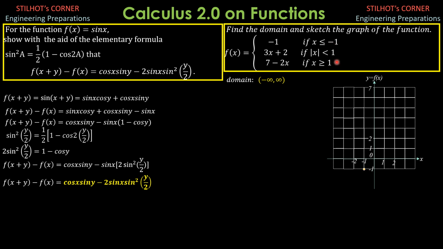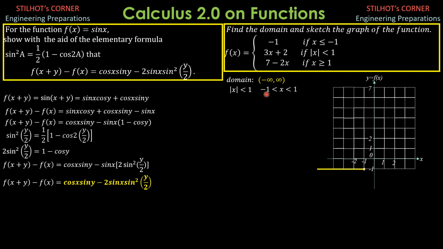It is closed at negative 1 because it is defined here: f of x is negative 1 if x is less than or equal to negative 1. So that's the graph. Then a line if absolute value of x is less than 1, which is the same as negative 1 less than x less than 1.